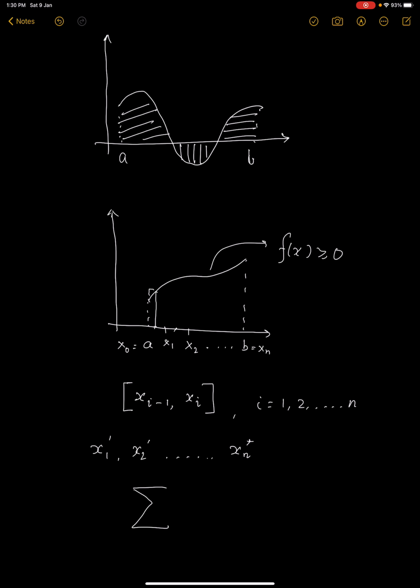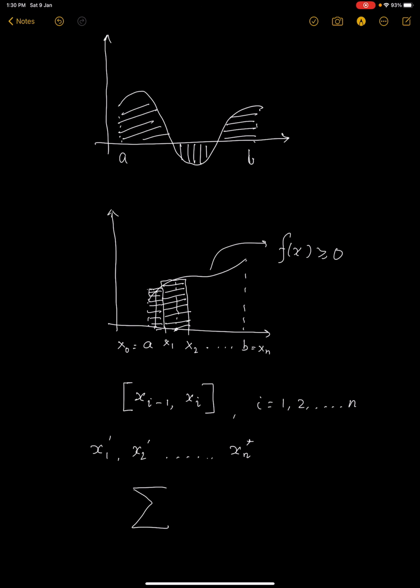So a rectangle here. This is the kind of area we are figuring out. And this is the tag point. So we are looking at the height here, and then we are constructing a rectangle over x1, x2 with this height. So that is what we are doing.